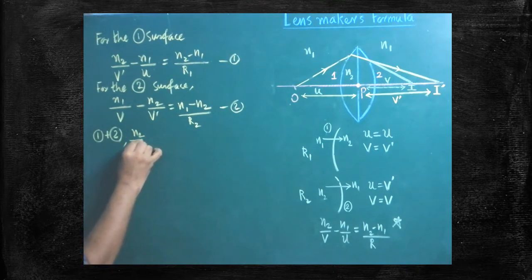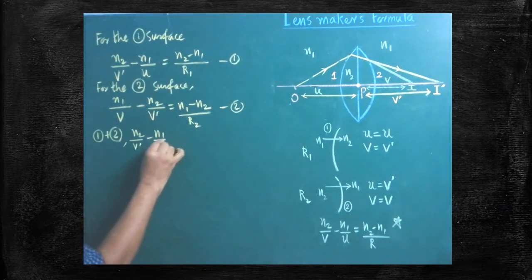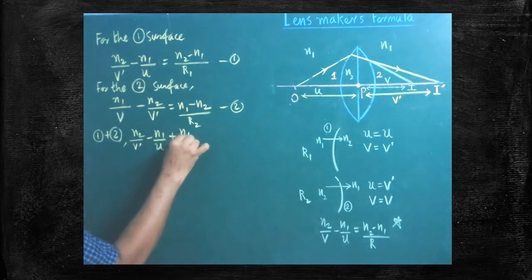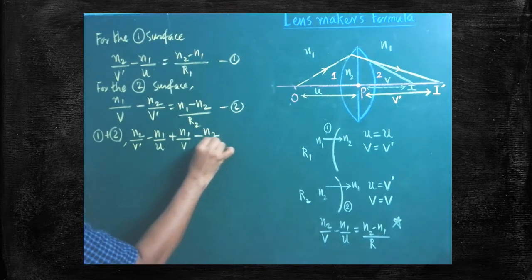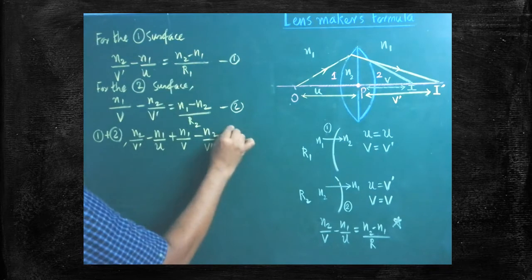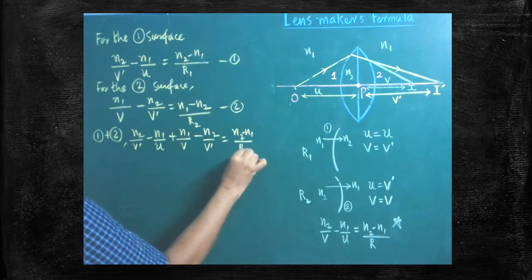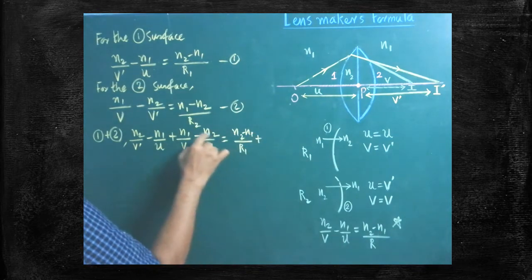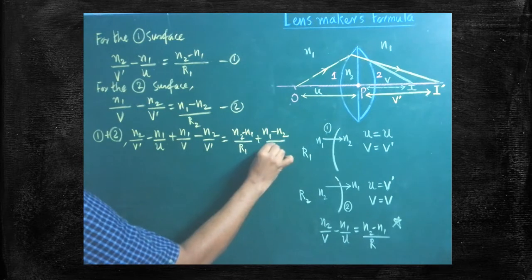N2 divided by V dash minus N1 divided by U, and then plus N1 divided by V minus N2 divided by V dash is equal to N2 minus N1 divided by R1 plus N1 minus N2 divided by R2.